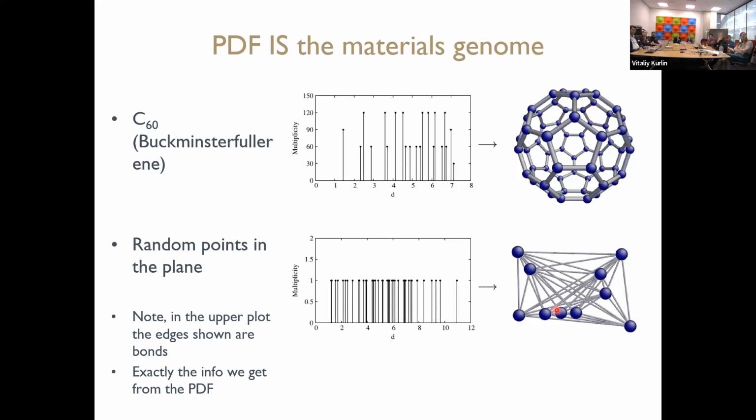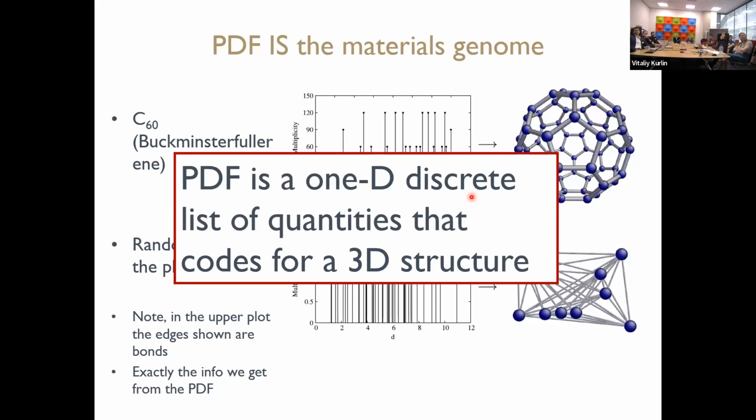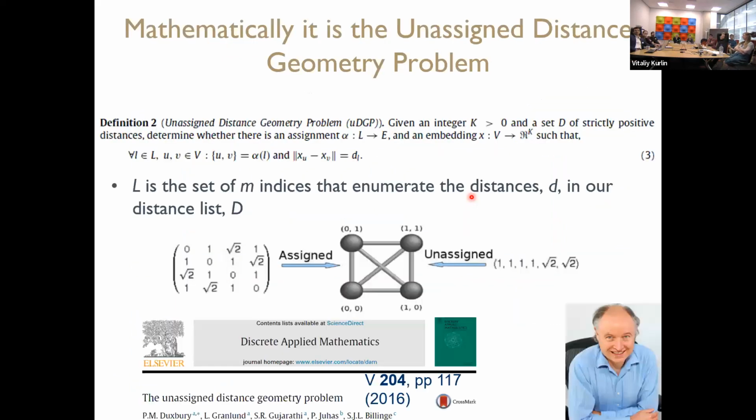But the top one is where we've taken something that has geometry, turned it into something that has topology, and then compressed the topology by throwing away assignment information. Obviously, you hate throwing away information, but we're trying to map it back onto our measurable quantity. So PDF is a 1D discrete list of quantities that codes the 3D structures of our genome.